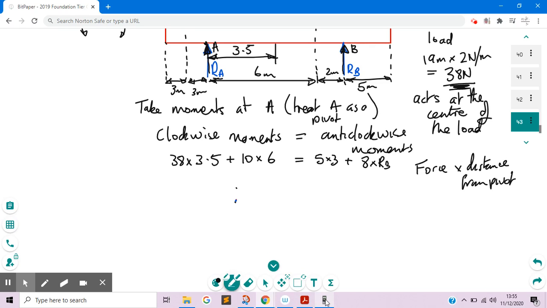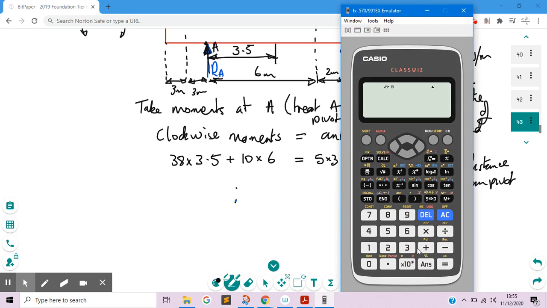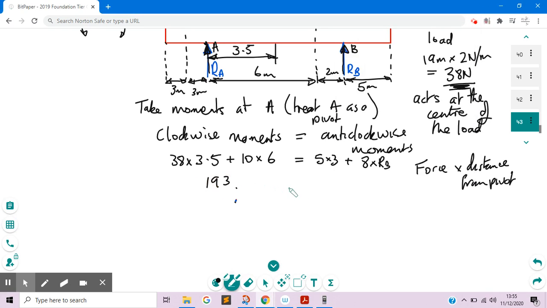I'm just going to tidy up the left-hand side there and work that out. So 38 times 3.5, and then add to that 10 times 6, which is 60. So we've got 193, and that's going to be equal to 3 times 5, 15, plus 8 RB.